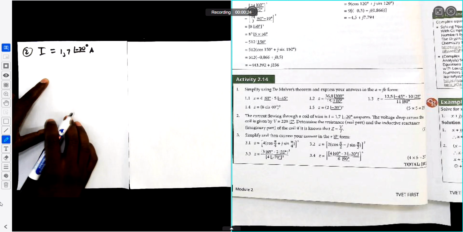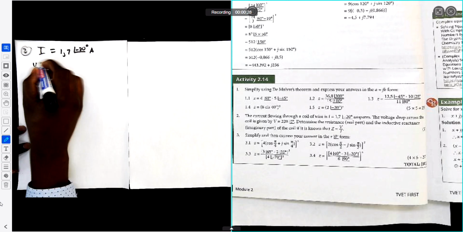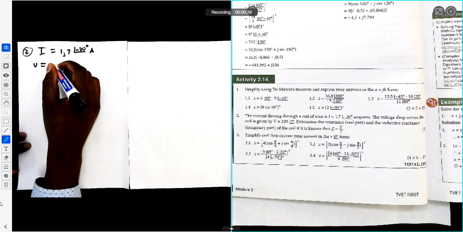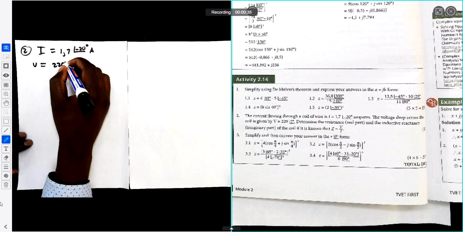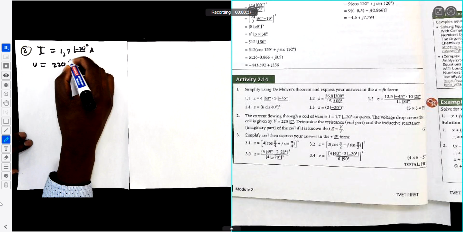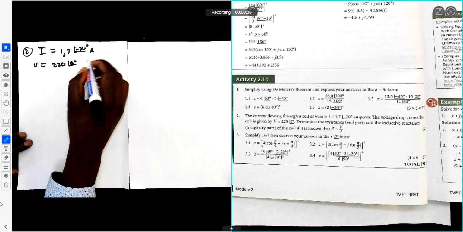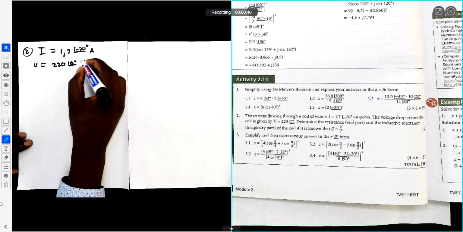Let me just use A for unit amps. And it states that the voltage V across the coil is given by 220 volts, at 0 degrees. We just put V for volts.